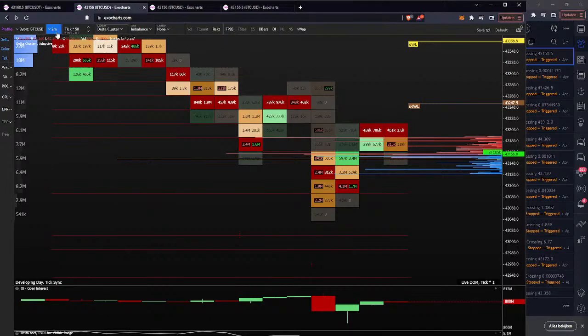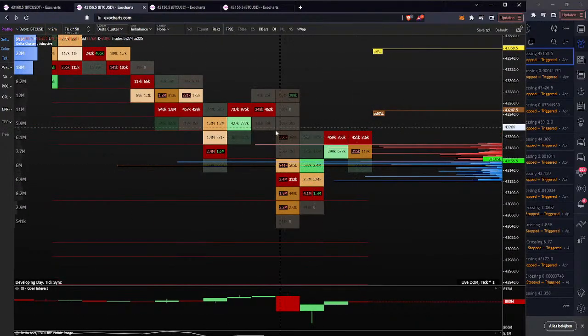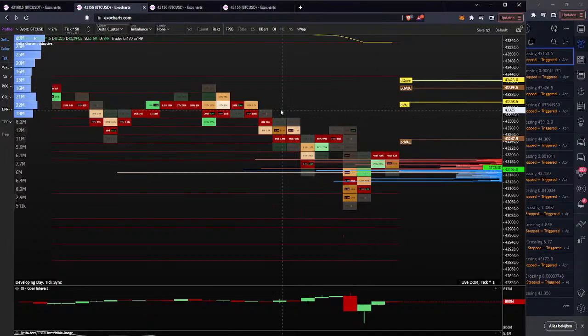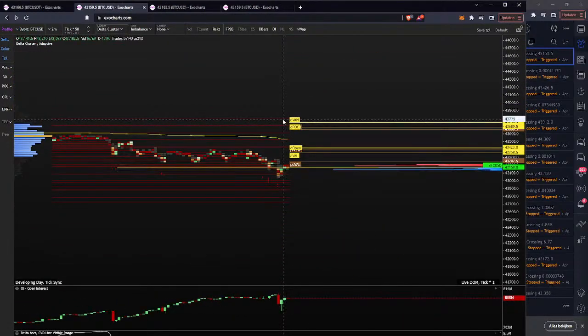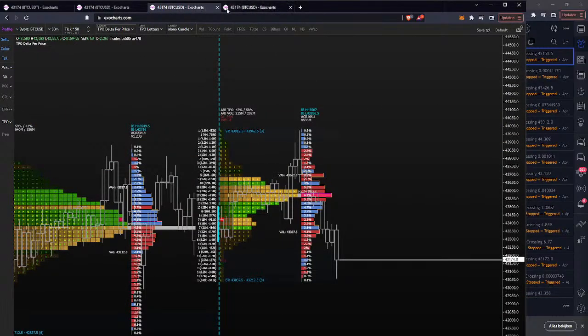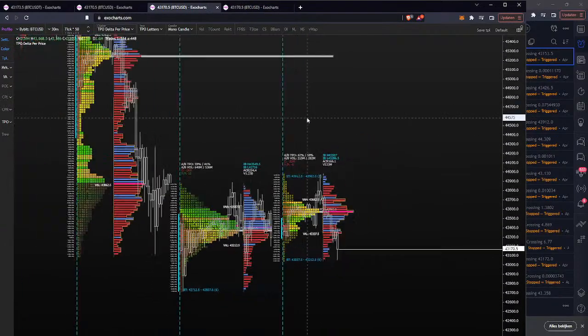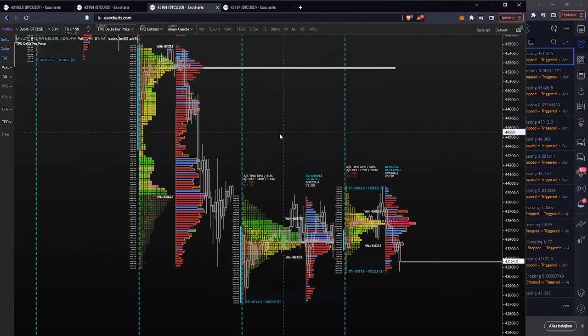Very locally we have bullish divergence in these candles. We never actually got back into this value area. We tapped it now twice.